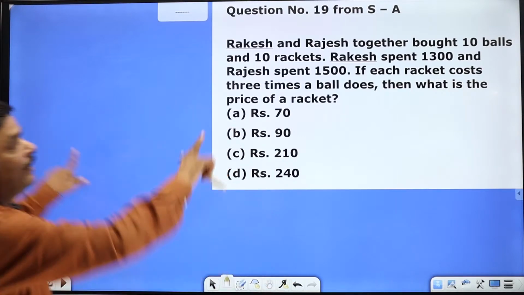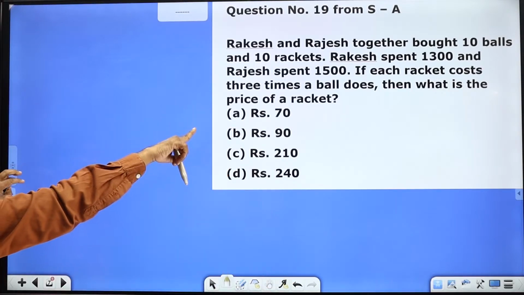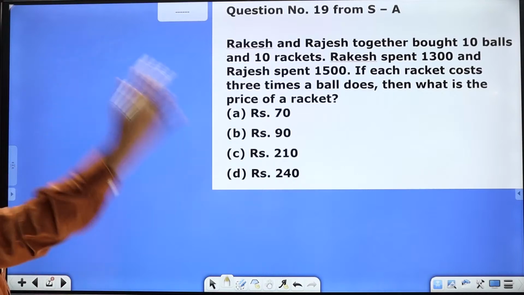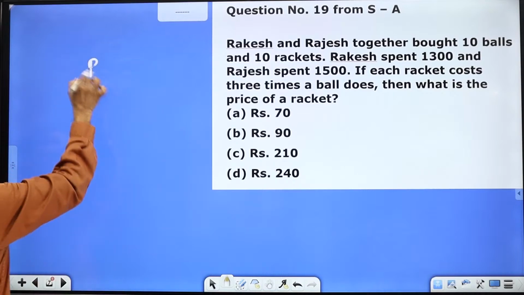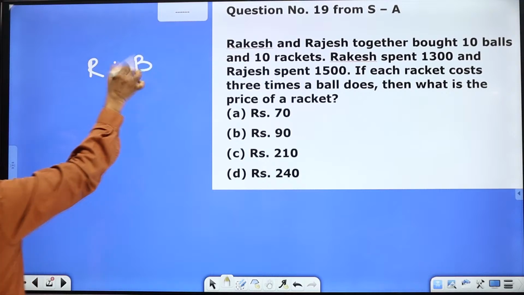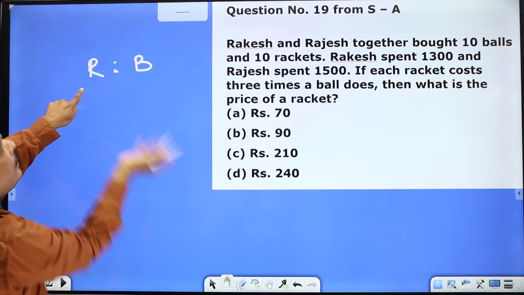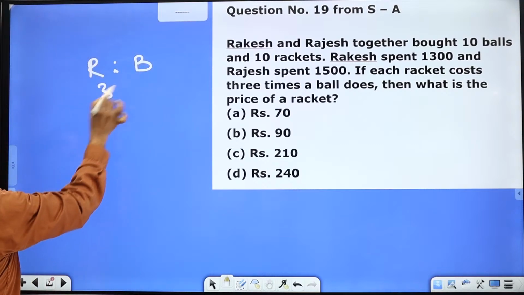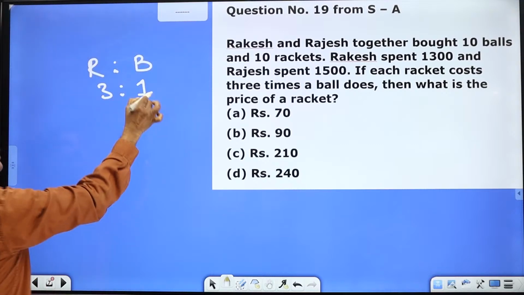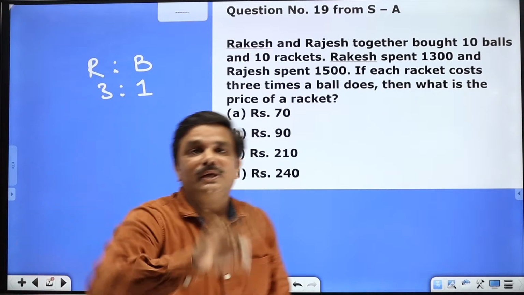Here each racket costs 3 times that of a ball. That means racket is to ball, in terms of cost, is 3:1.